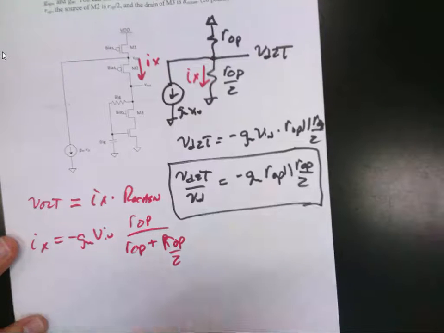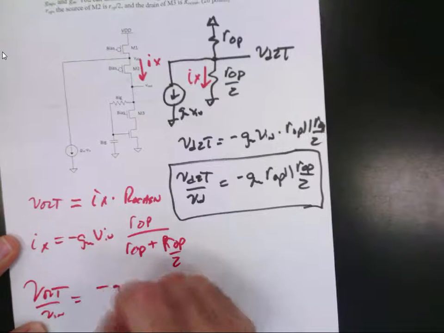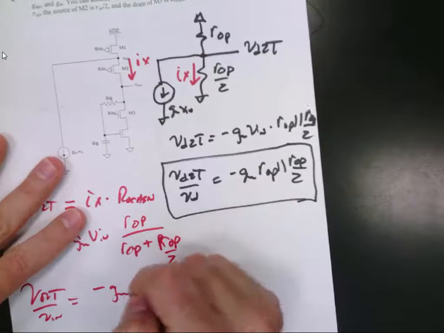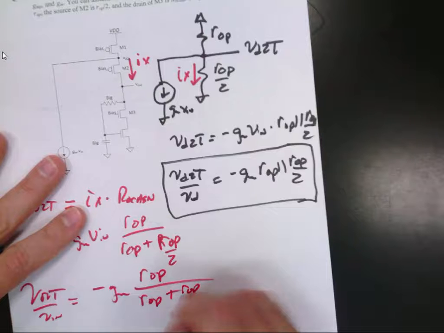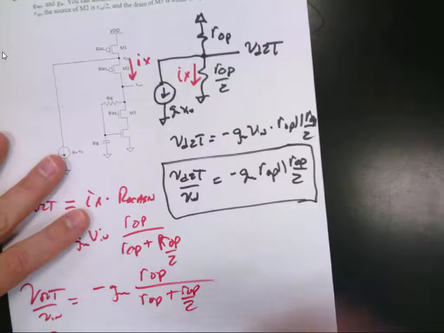So then we go up and we say V out over V in equals minus GM. We'll do it in 2 steps. Equals what?